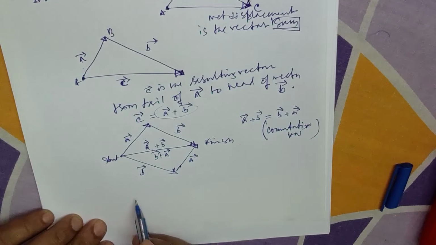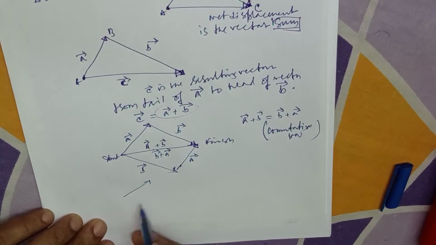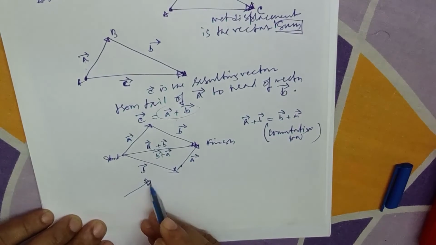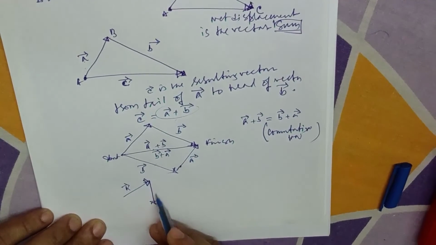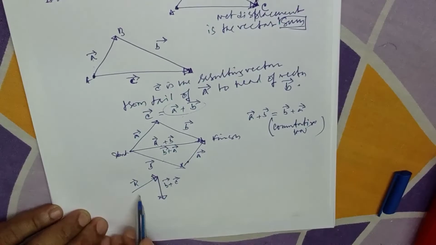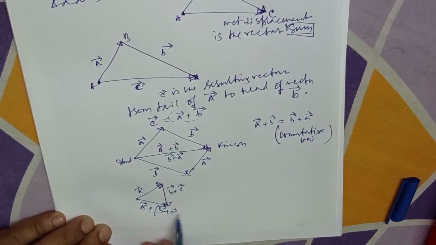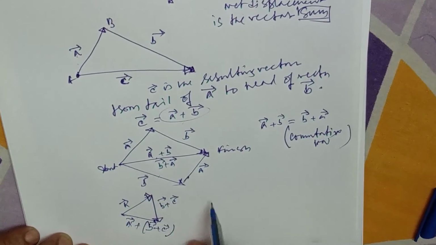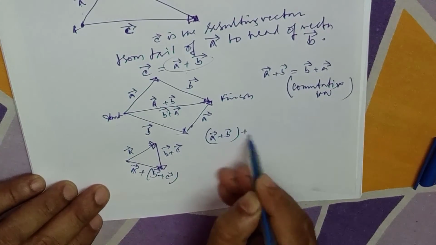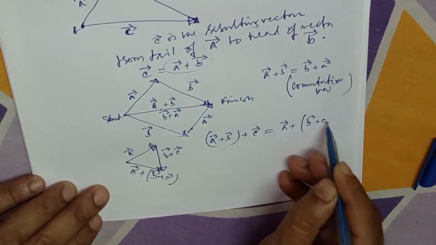Again, if this is a vector A and this is B plus C, this vector will be vector A plus vector B plus vector C. So by the associative law, A vector plus B vector plus C vector can be said as A vector plus B plus C vector.